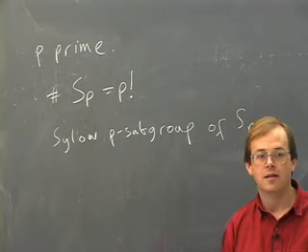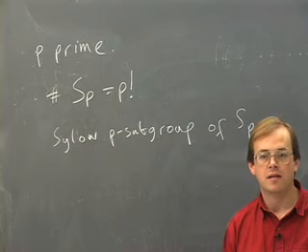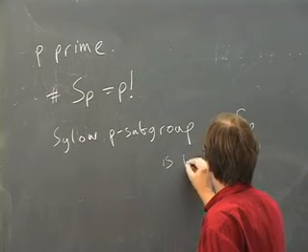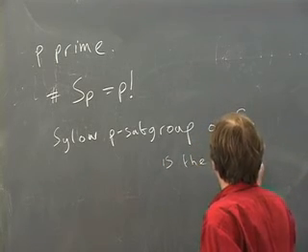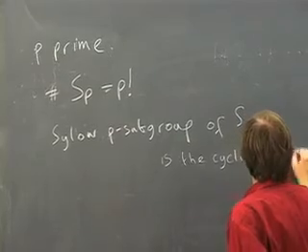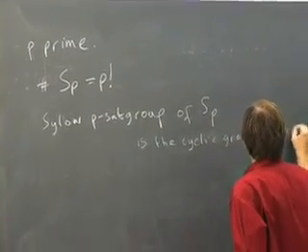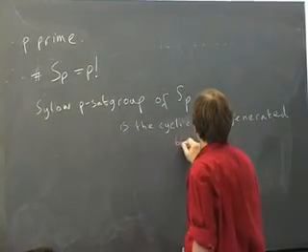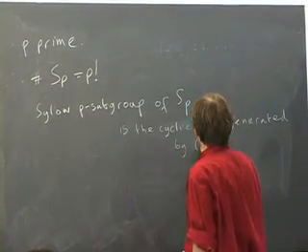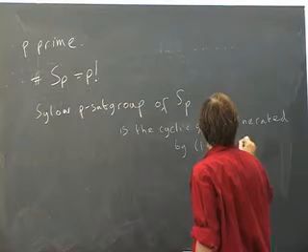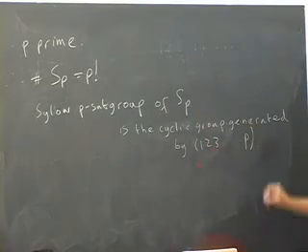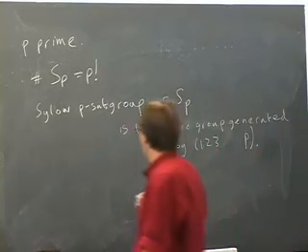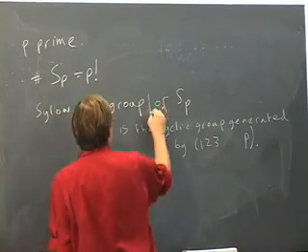A cycle of length p is the cyclic group generated by any element of order p. That will be a subgroup of order p, generated by the cycle 1, 2, 3 up to p. Okay, and then the exercise concerns the Sylow p-subgroup.